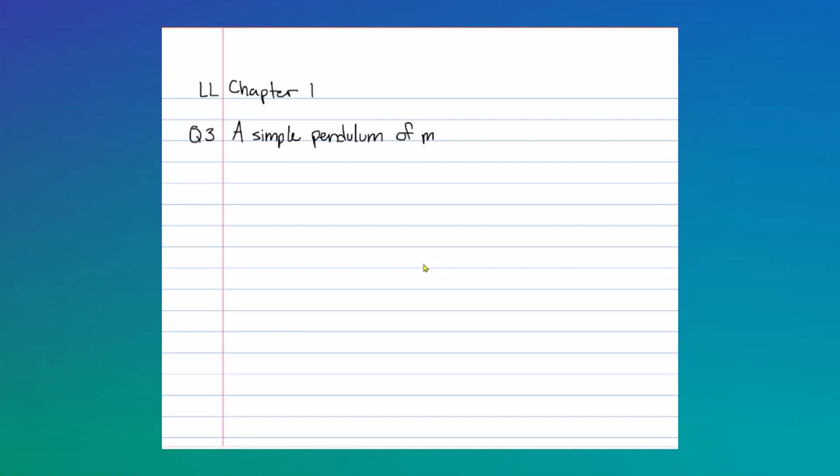Hello again. Today we're doing another problem from the Landau Lifshitz mechanics chapter, doing problem 3, in which we have a simple pendulum with a support that will be moving in a variety of paths.